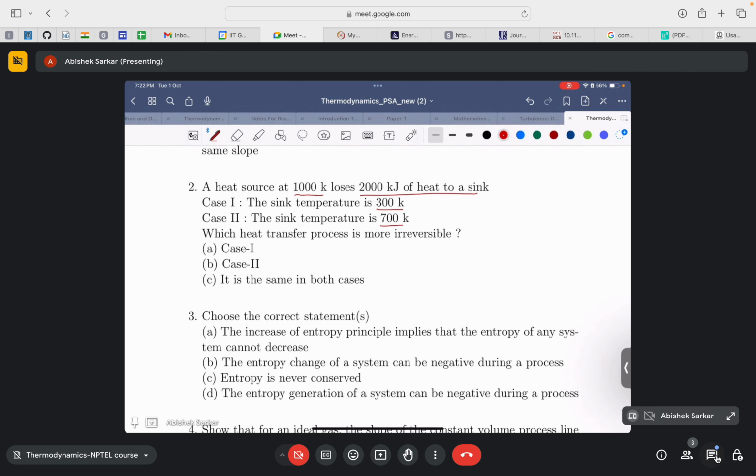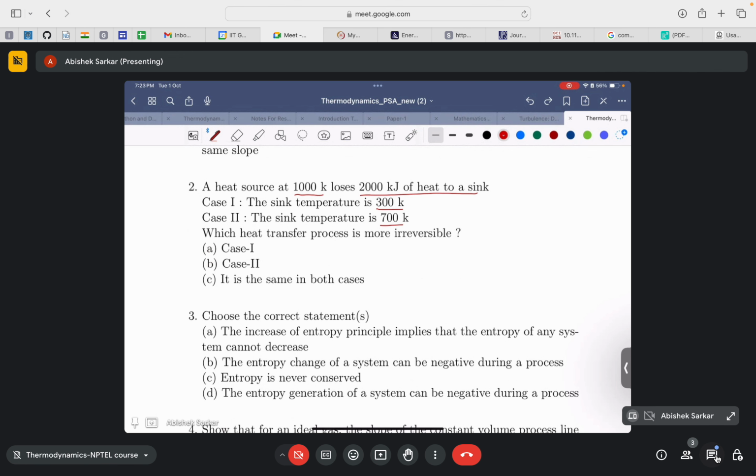Which heat transfer process is more irreversible, case 1 or case 2, or is it the same in both cases? You can either derive it entirely, find the net entropy change, or tell me on the basis of your intuitive understanding. I think Professor Anand discussed, in the session the week before the previous week, the irreversibilities that can be generated because of a temperature difference. Or you can simply find the net entropy change.